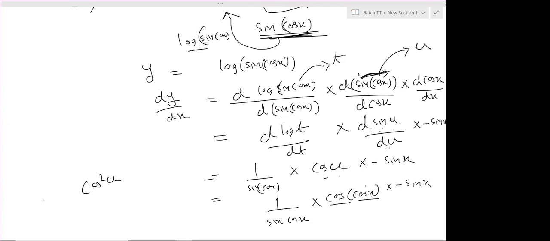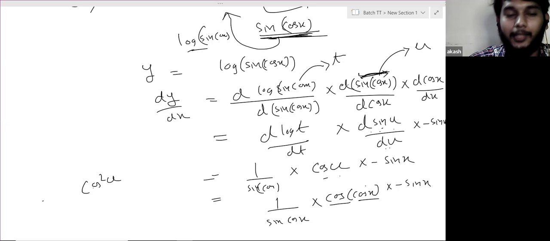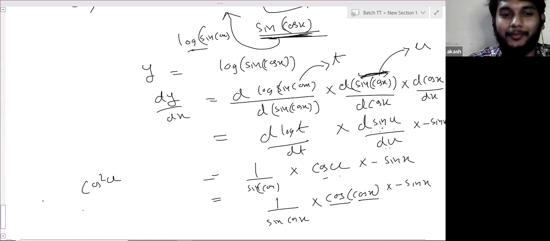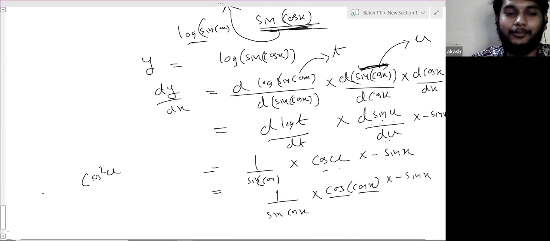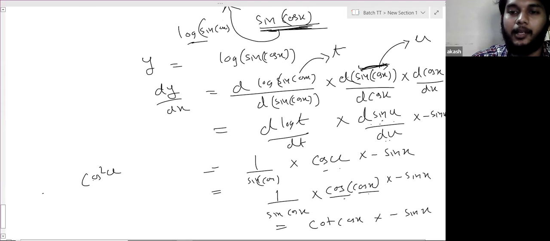Right, sir. Understood. All right, I'm telling you again, this example seems very weird, but this is very true. The movie is based on this chain rule. So we can write further: cos of cos x upon sine of cos x is cot of cos x into minus sin x. I hope this answer is clear. This is not multiplication again.